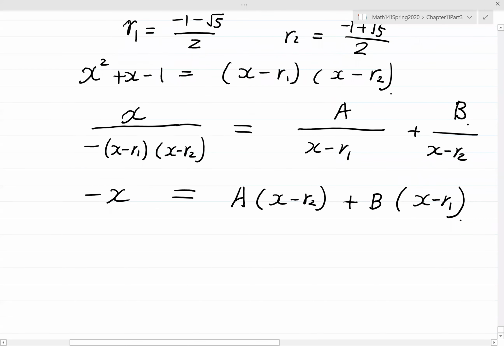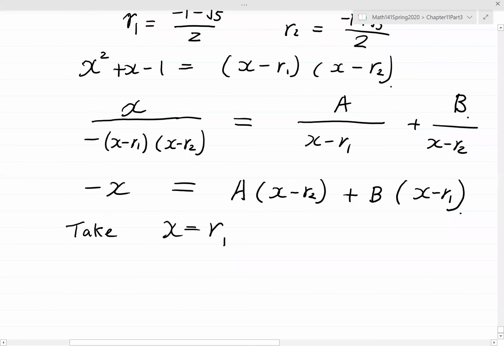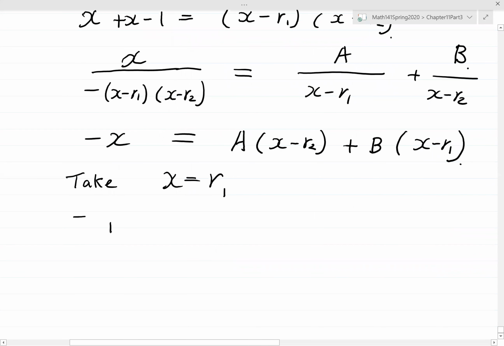Okay. So now we solve for a and b. Let's take x to be r1. Then we get negative r1 is a times (r1 minus r2) plus b times 0, since r1 times r1 gives 0.